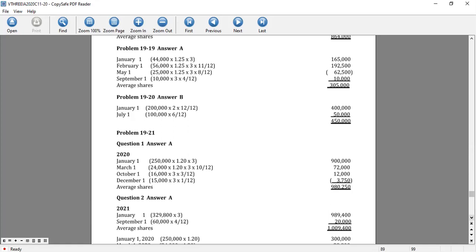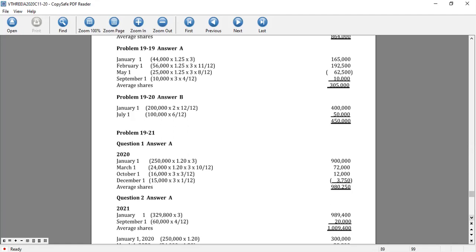And on September 1, we sold the treasury shares of 10,000. So September 1, it is no longer affected by the share dividend because it occurred prior to the reselling of the treasury shares.